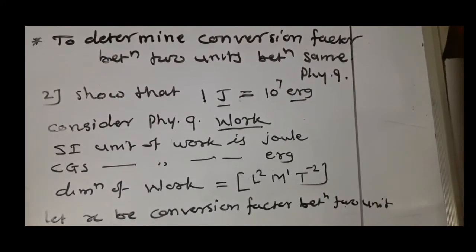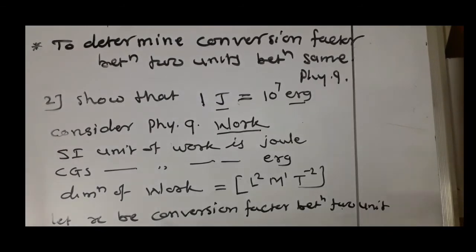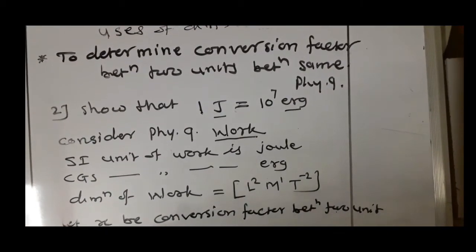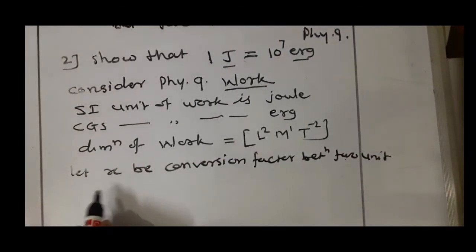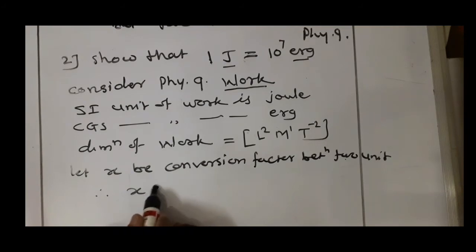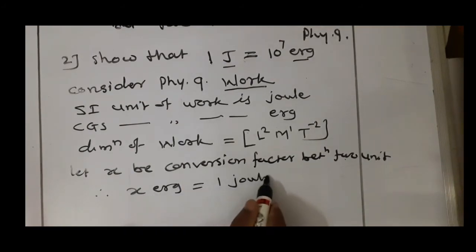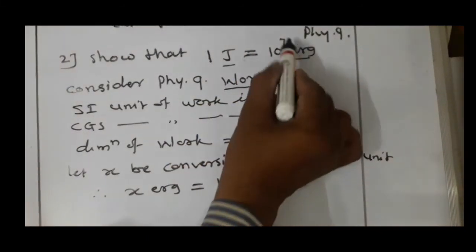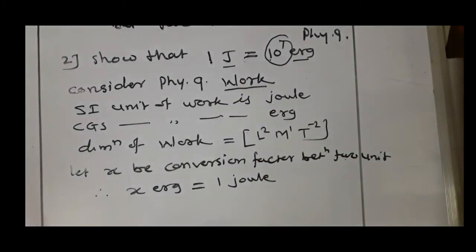Therefore we have to see how this conversion factor can be found. To find X, we write let X erg = 1 joule, because 1 joule is equal to 10⁷ ergs, and we have to find this conversion factor, 10⁷.